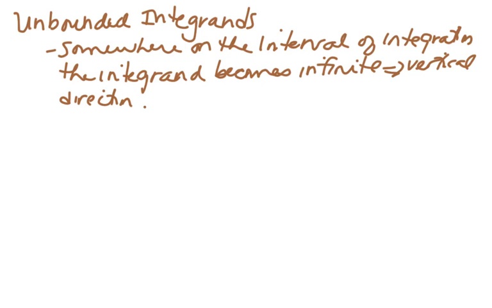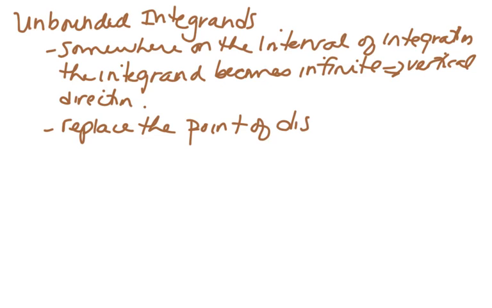So it's a similar process. We're going to replace the point of discontinuity with some C, and then we're going to evaluate it using limits to see if it converges or diverges.